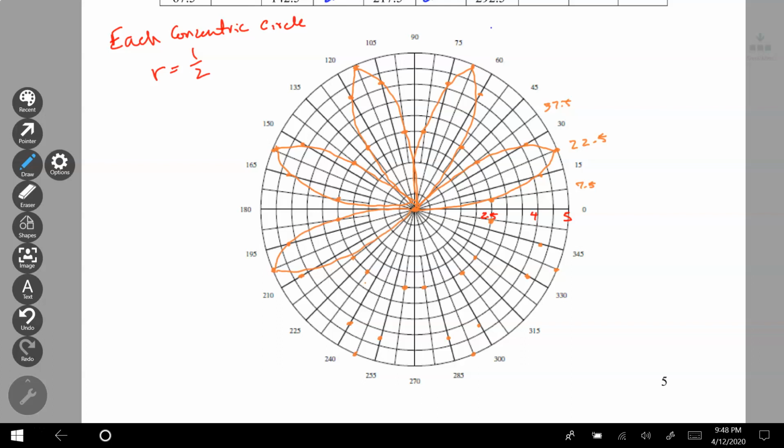Here, something like this. I'm basically seeing 2 petals per quadrant. So this is a flower with 8 petals.